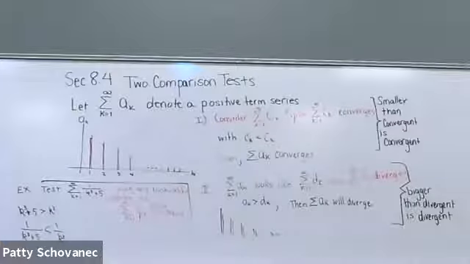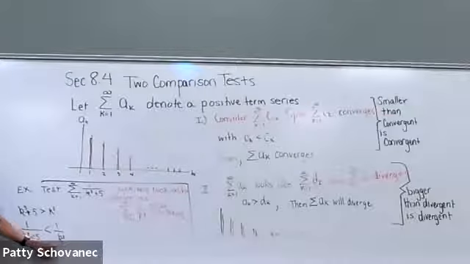In an inequality, when you flip both sides, you change the direction of the inequality symbol, right? Or think about cross multiplying, then the k cubed plus 5 would be the bigger. The bigger denominator makes the smaller fraction. And so my series has terms that are smaller in size than the terms of a convergent series.